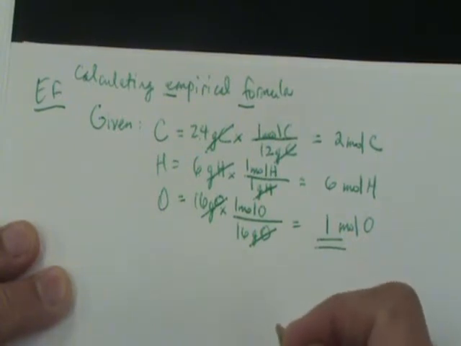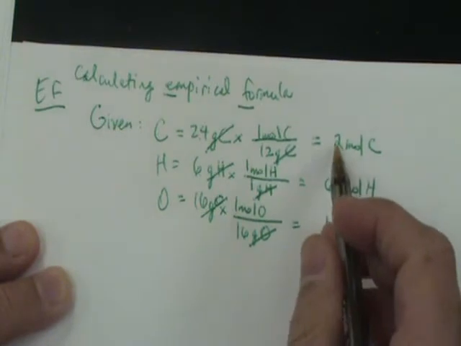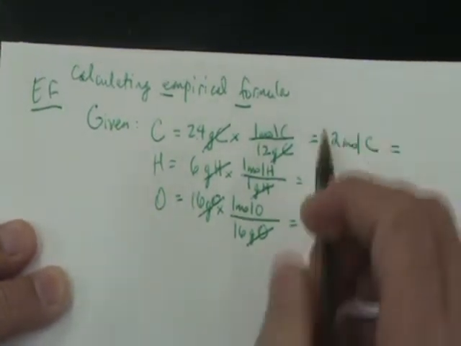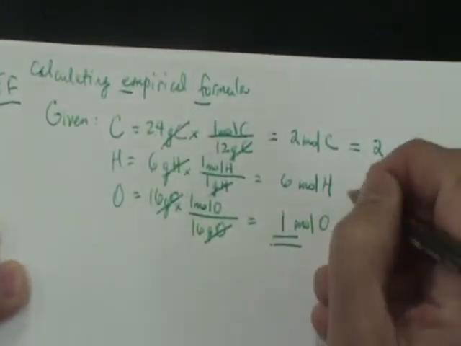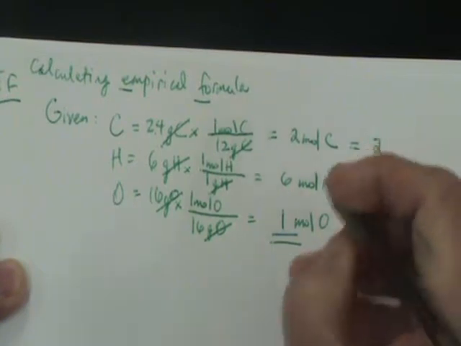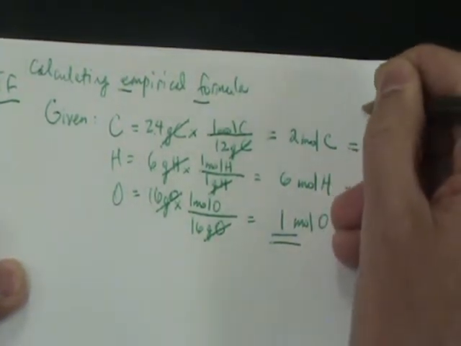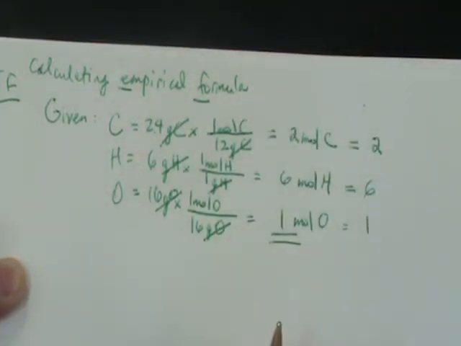Which means that we're going to divide all these numbers by the smallest number. Now, 2 divided by 1 is 2. 6 divided by 1 is 6. And 1 divided by 1 is 1. So now we've determined your empirical formula. And remember, this is your simplest whole number ratio.